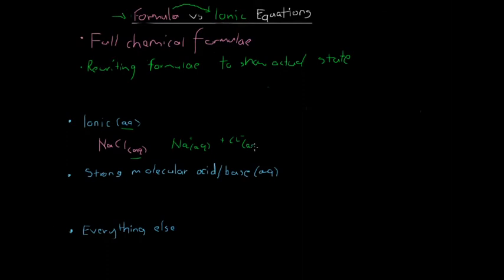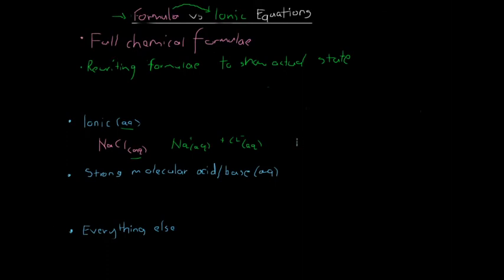That's the first change we make. When we write a formula equation, we look for ionic substances that are in the aqueous state, and we rewrite the full chemical formulae for the solution as the individual ions in aqueous state. So that's the first change.